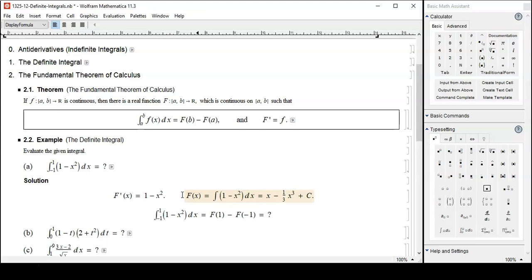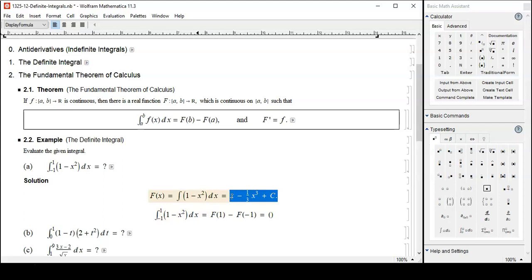Is everybody with me here? And use this, plug in x equals 1 and plug in x equals -1, subtract one from the other, then you're going to get the answer. Make sense? It'll turn out, however, that this plus c will not be that necessary in this case, or any case actually.